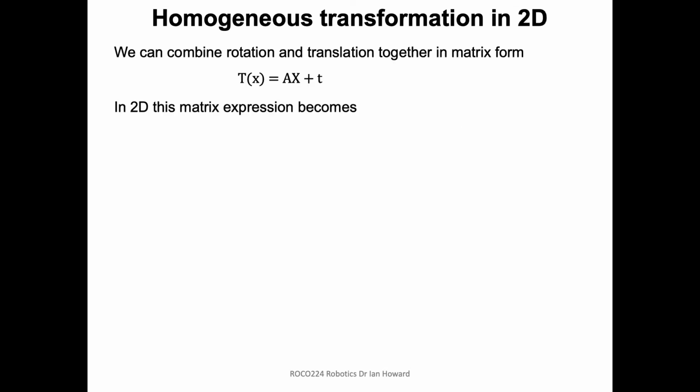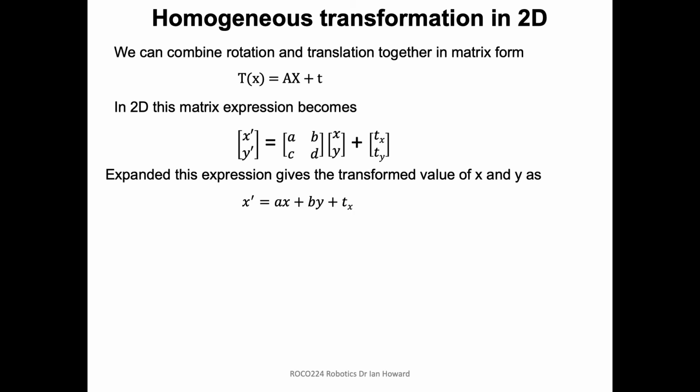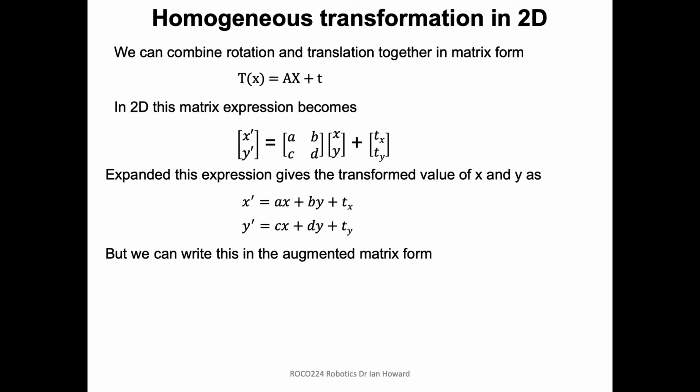So in 2 dimensions we can combine rotation and translation quite easily, because this is basically the equation we want to end up generating. This is the two-dimensional version. Here we have the vector equation: x prime goes to the rotated x and y plus the translated value.